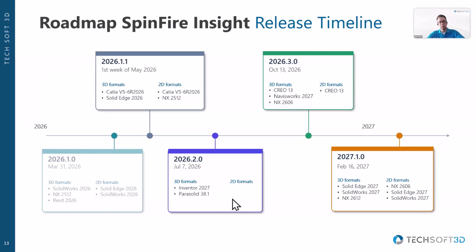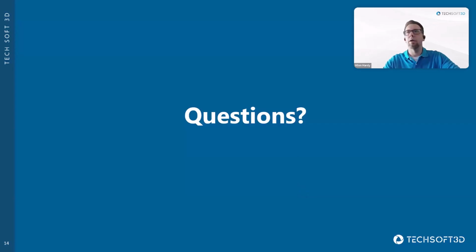Again, these are targeted dates where we plan to have these releases throughout the year, up through the beginning of February of next year. Again, we want to introduce new features, fix bugs, and keep up to date with these importer libraries. So with that, I will go ahead and start another poll question.